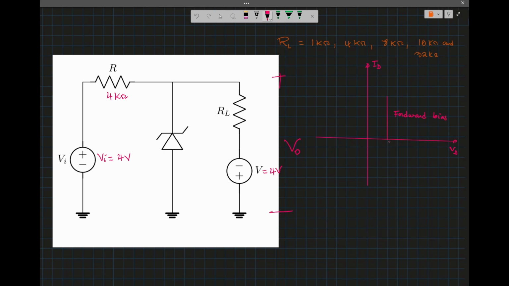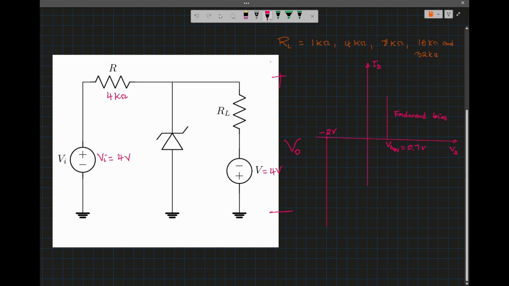The diode's forward bias voltage here will be VD on, which is 0.7 volt. When the diode's reverse bias, VZ is -2 volt over here.